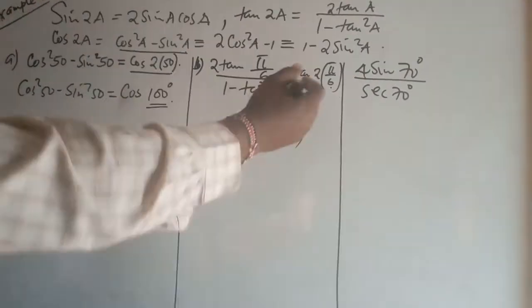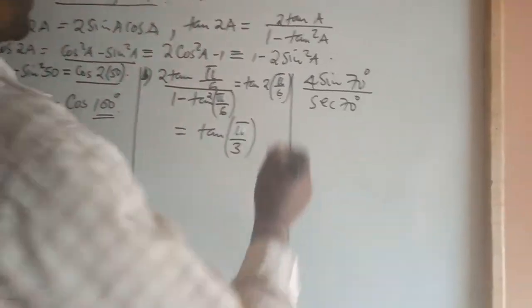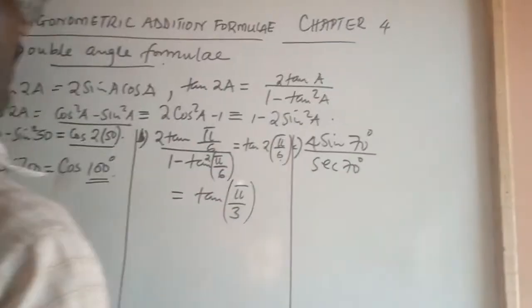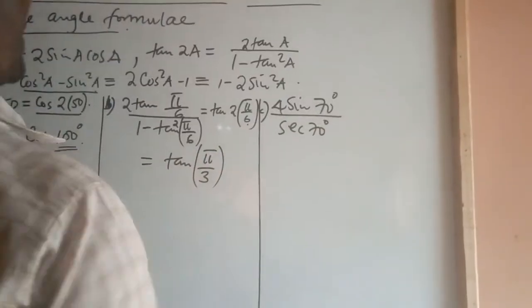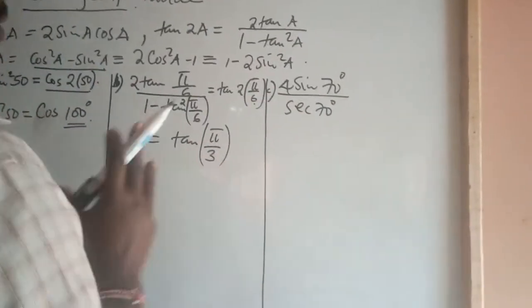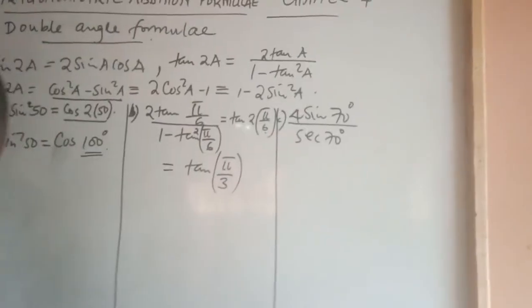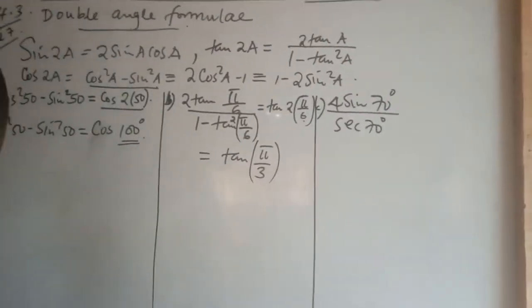If you look at part C, we're supposed to show 4 sine 70 degrees over sec 70. How do we express this one as a single trigonometric ratio?